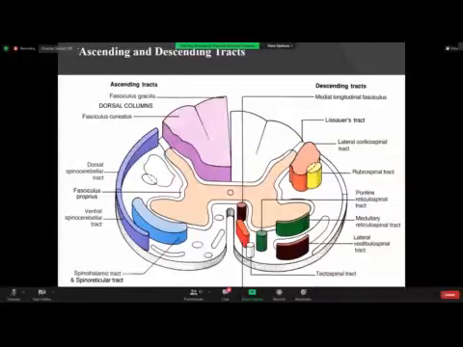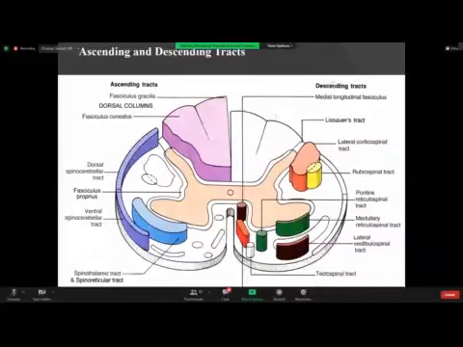Just very briefly, there is an ascending function and a descending function. The ascending tracts take information from the peripheral part of the body and bring it up towards the brain.